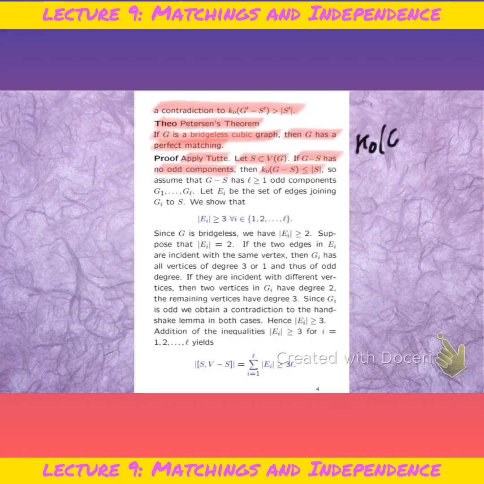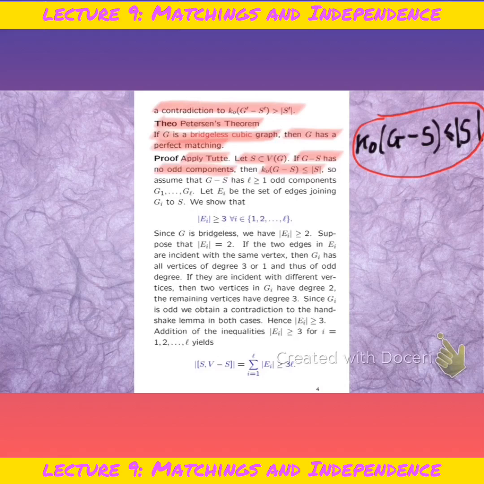Remember that for every proper subset S of the vertex set of G, we have that this is true. So that is what we want to prove for every arbitrary proper subset S of G.